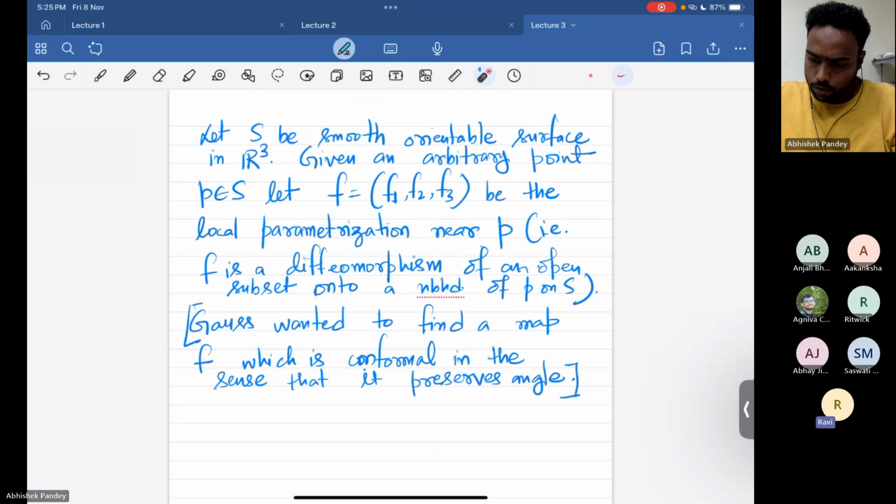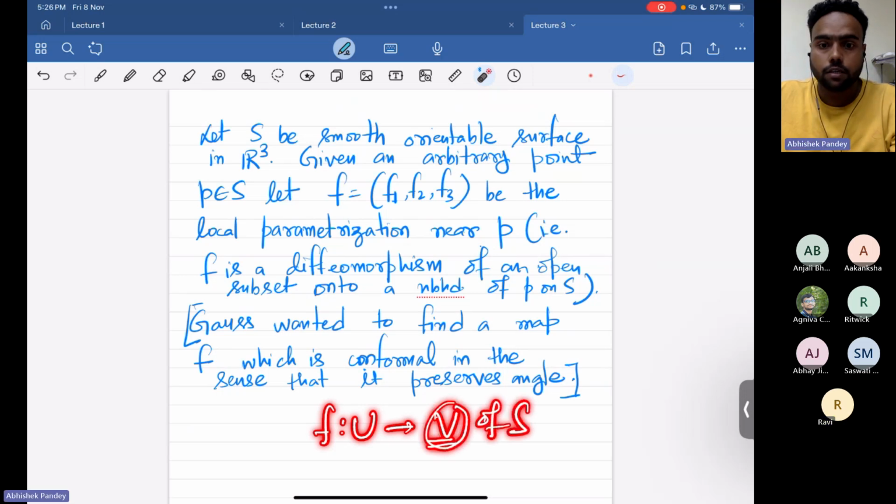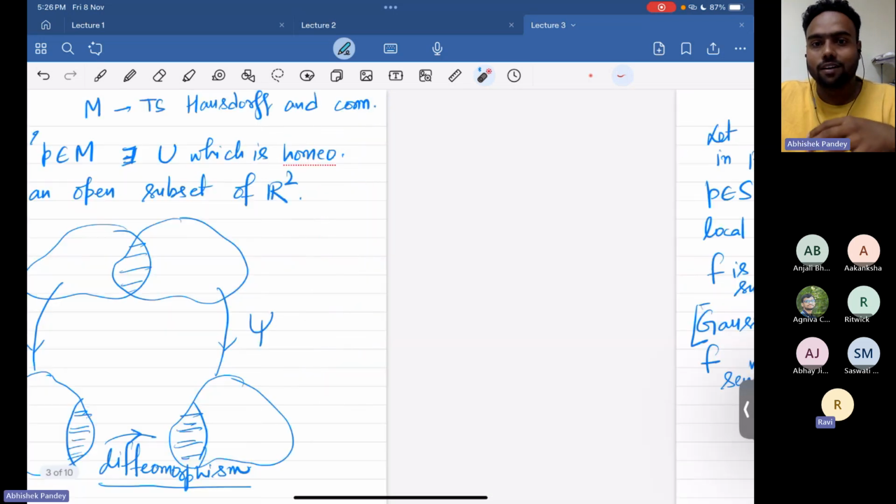So here at point P belonging to S, we are taking f as the local parameterization near P. So it is a diffeomorphism of an open subset onto a neighborhood of P of S, and this neighborhood is always a subset of R3. Oh, I see. I thought it was a subset of S.